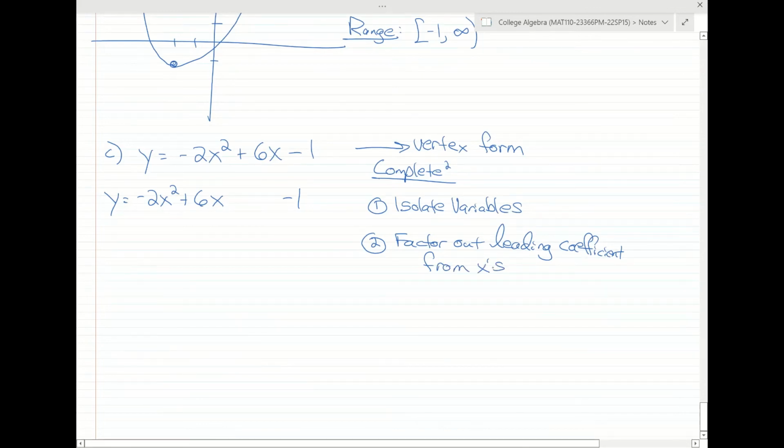The leading coefficient is -2, so I'm going to factor -2 out of the x's. And we get y is equal to -2 times x squared minus 3x, minus 1.